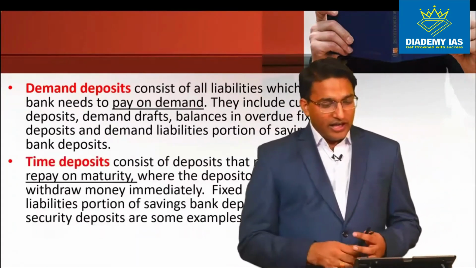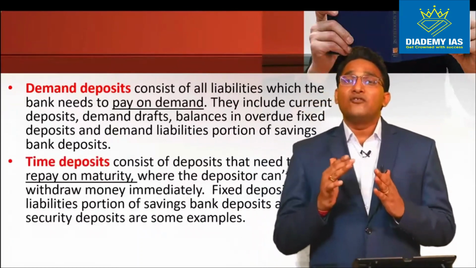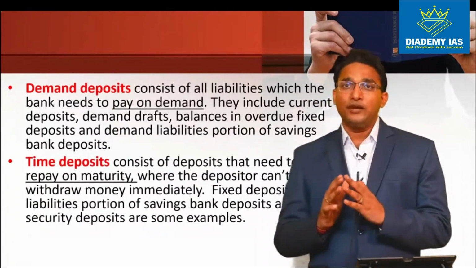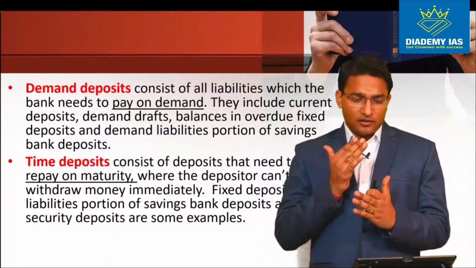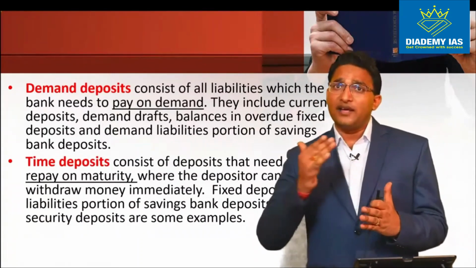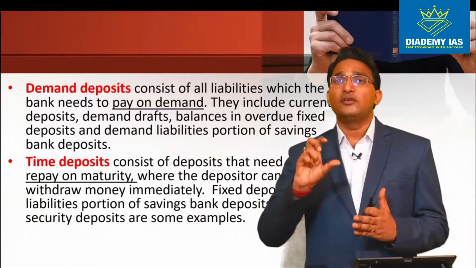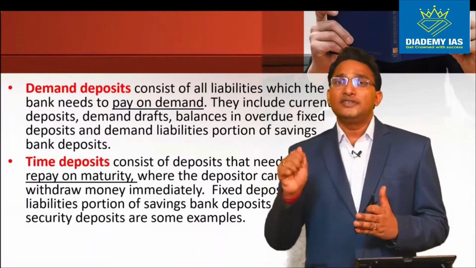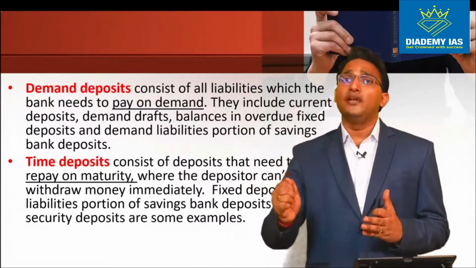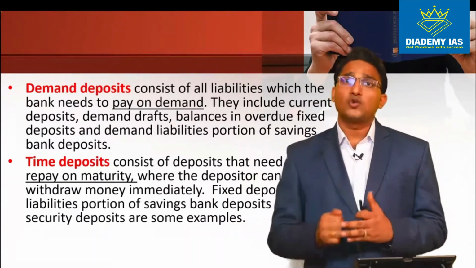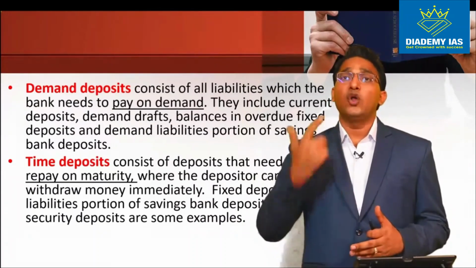On the other hand, if the bank has a certain lock-in period for the deposit, for example, the customer deposits the money with the bank for 5 years in the form of an FD, fixed deposit, then the bank will have an obligation to return that money only after 5 years. So this money is called time deposit. It is for the long term.